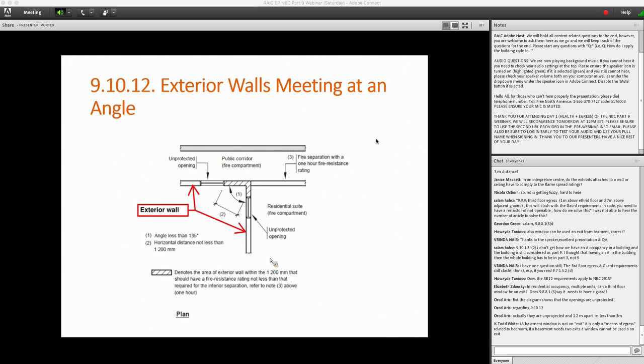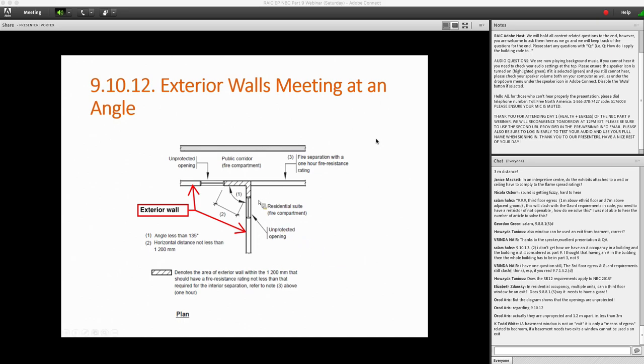Where exterior walls of a building meet at an external angle of 135 degrees or less, the horizontal distance from an unprotected opening in one exterior wall to an unprotected opening in the other exterior wall shall not be less than 1.2 meters, where these openings are in different fire compartments or in dwelling units.